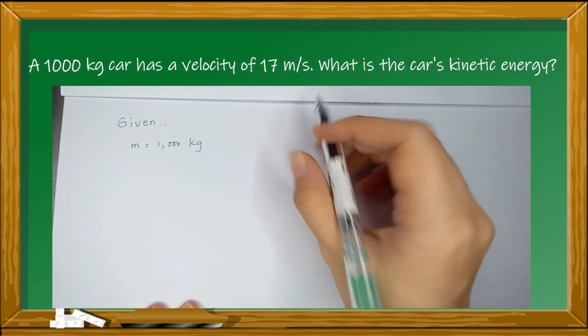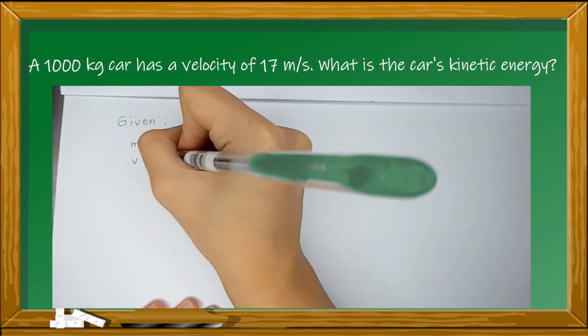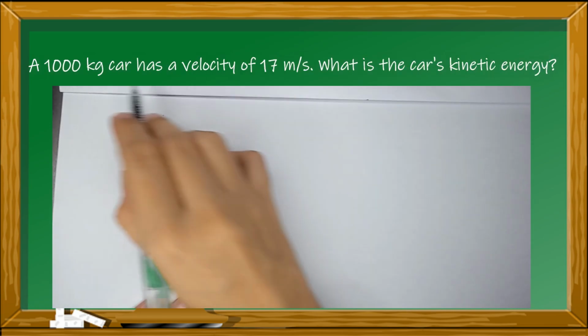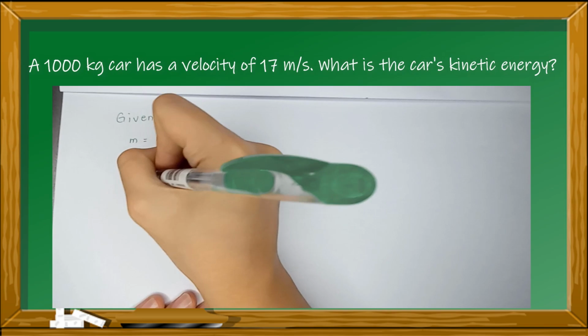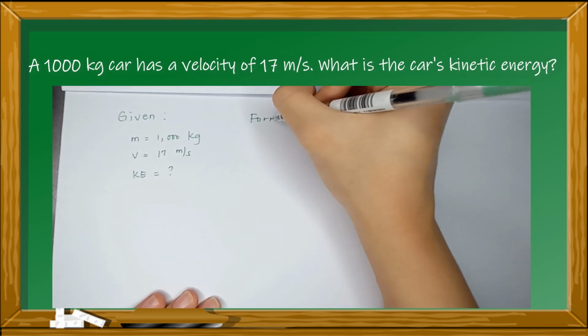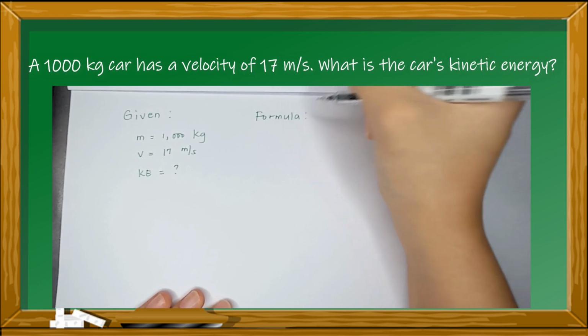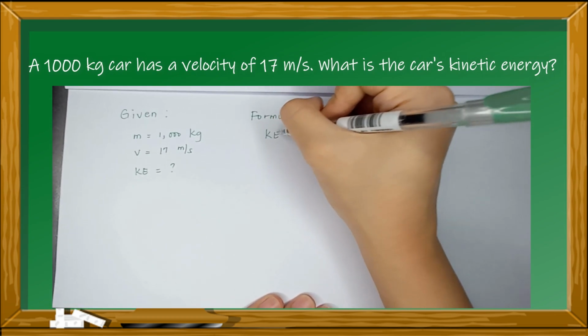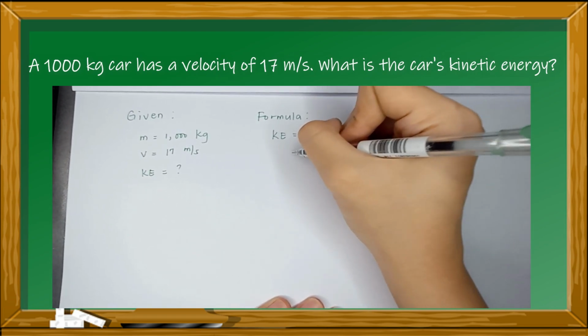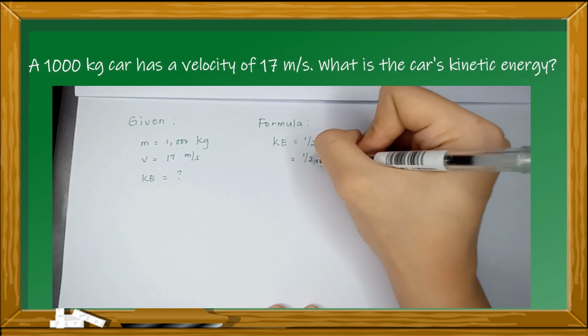Its velocity is 17 meter per second. We're going to solve for car's kinetic energy. The formula that we're going to use is KE is equal to 1/2 times mass times velocity squared.